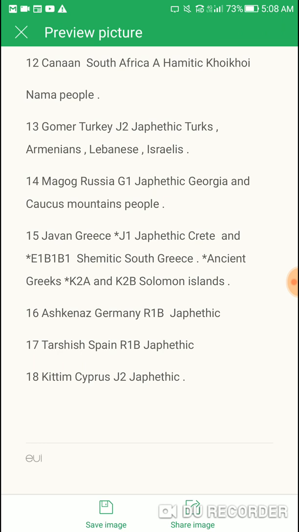They have E1B1B among them. So you have some pockets of Edom among the Palestinian people, as well as in the Yemen group, you have some E1B1A people as well among Yemenites.